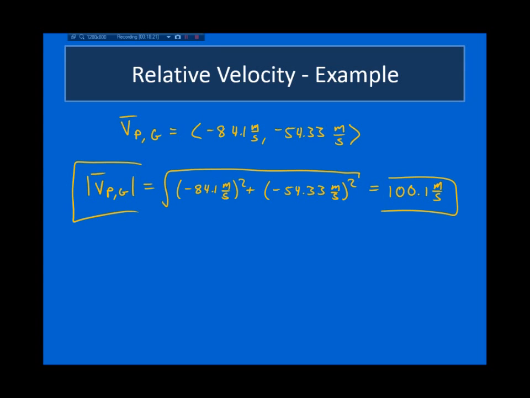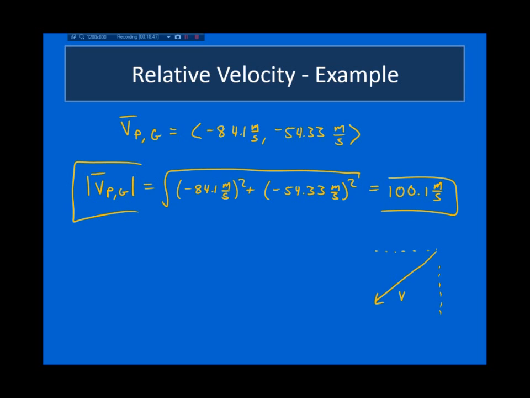So what about the direction of the plane? So this will actually change quite a bit more than the speed. So let's see. Let me go ahead and draw a little picture of this. So the vector that we're looking at, okay, this vector has a component that's in the west direction and a component that's in the south direction. So it looks something like this.